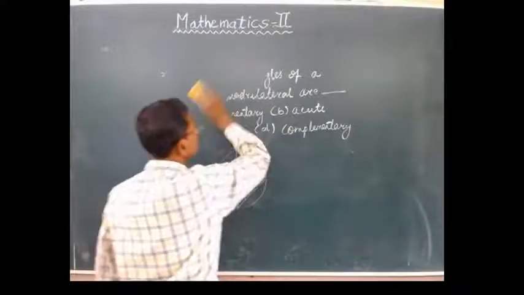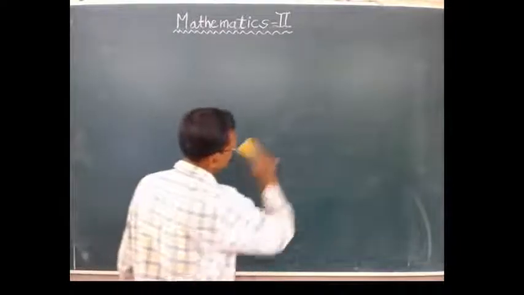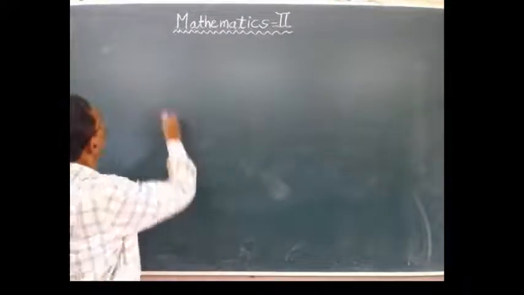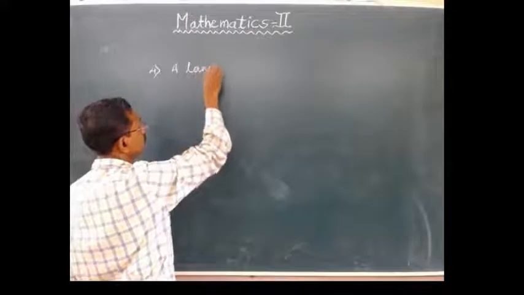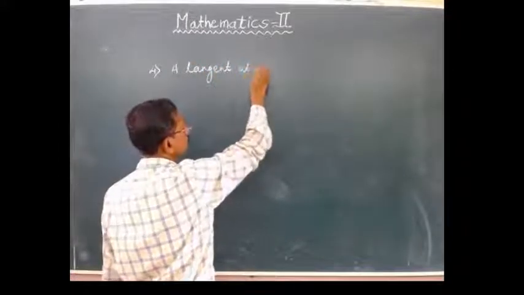A tangent at a point, we know tangent, we know a secant. How does a tangent intersect or divide a circle? Okay, let's move on to our next.